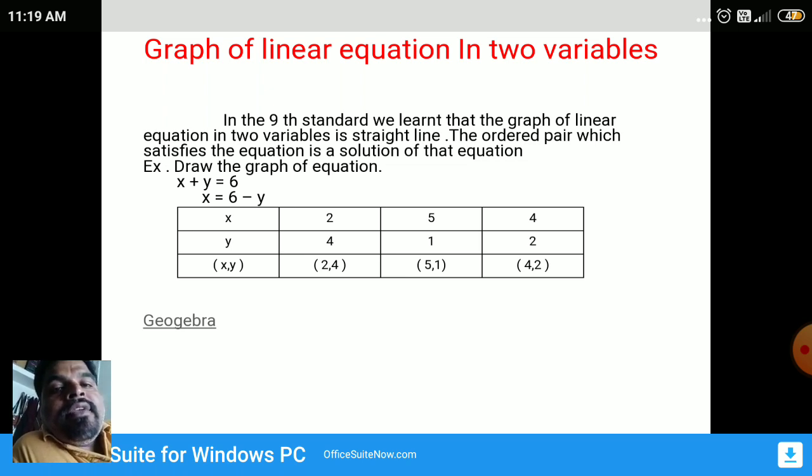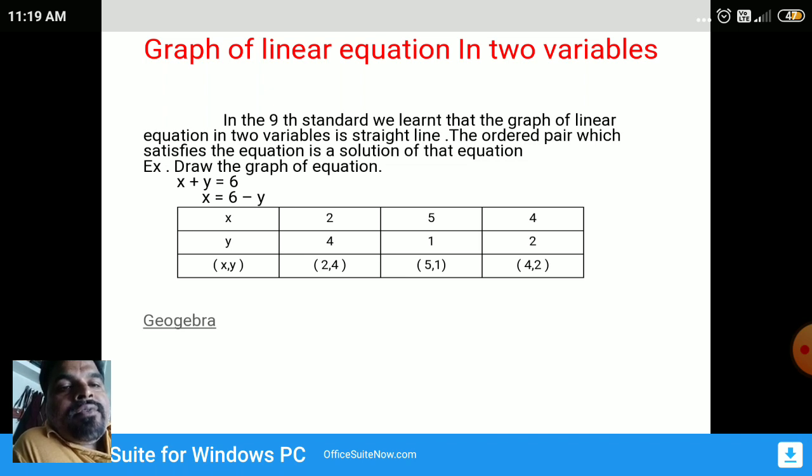Now, for example, draw the graph of the equation x plus y is equal to 6. First we write the value of x in terms of y. Therefore, transferring y to the other side, x is equal to 6 minus y.